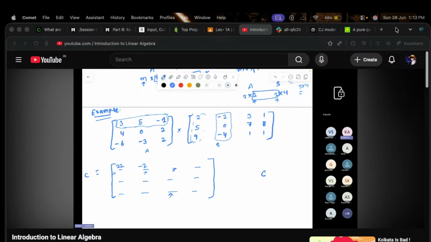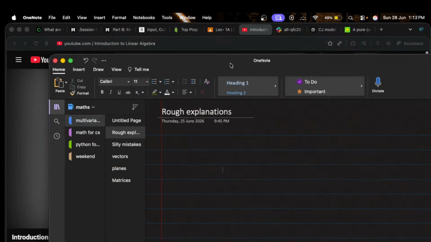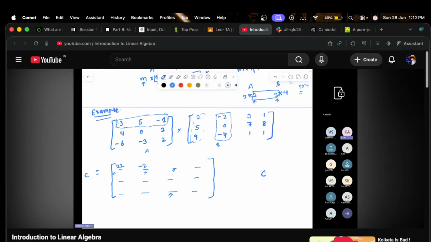I think I will just, okay, I can keep the screens too, it doesn't matter. I will just keep my OneNote here. I have the PDF in the second screen, so I can view and also verify the answer if I'm wrong or not. Oh, let me just start it.